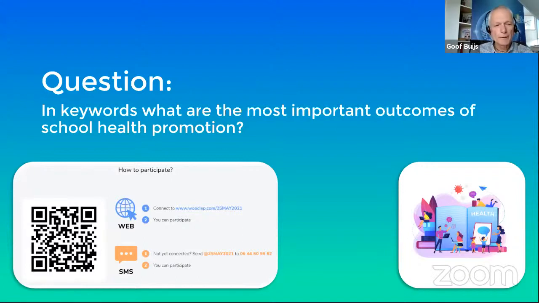And in the WooClap, the first question to you as audience is, in keywords, what are in your view the most important outcomes of school health promotion? Later on, during the webinar, we will share with you the results of what you've put in. So please actively make use of this possibility to contribute.